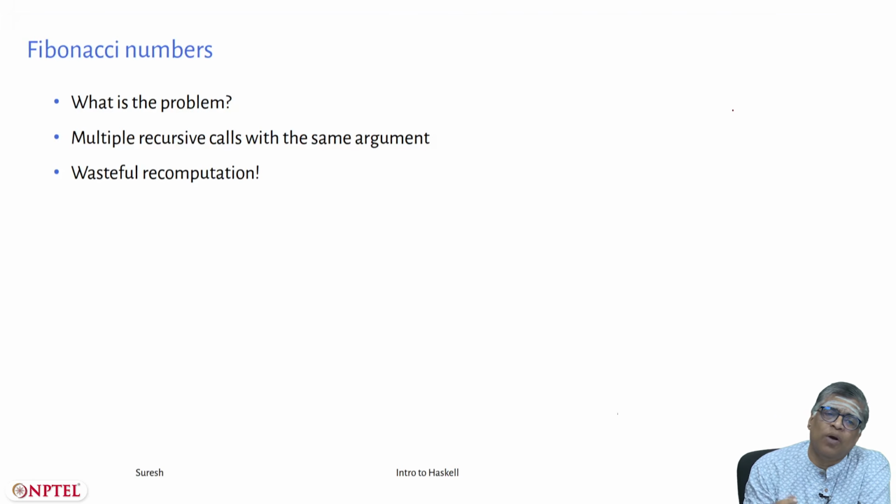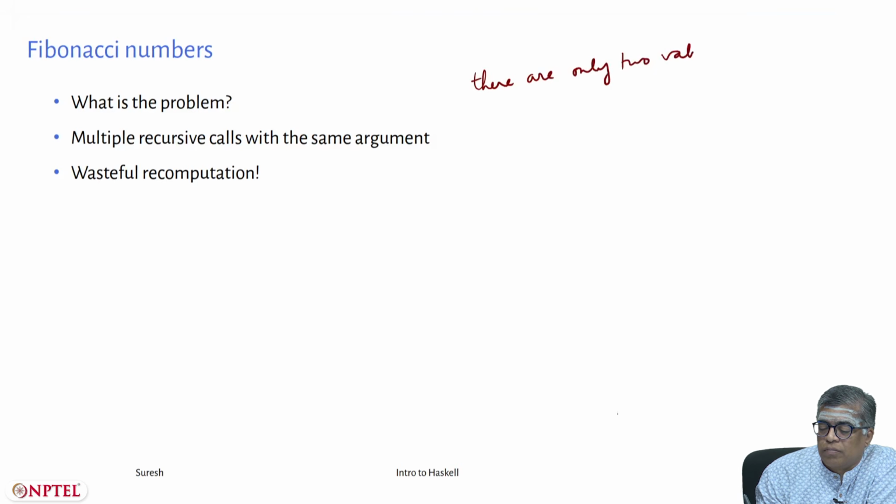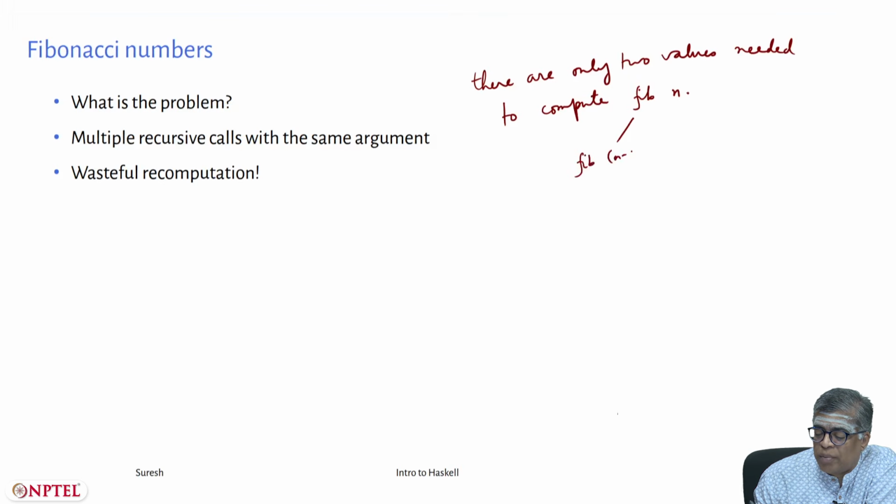Actually, in the case of fib, you don't need to do all this, because you just observe and you see that, oh, there are only two values needed. Namely, fib of n minus 1 and fib of n minus 2. In fact, I will change the order. I will say fib of n minus 2 and fib of n minus 1.